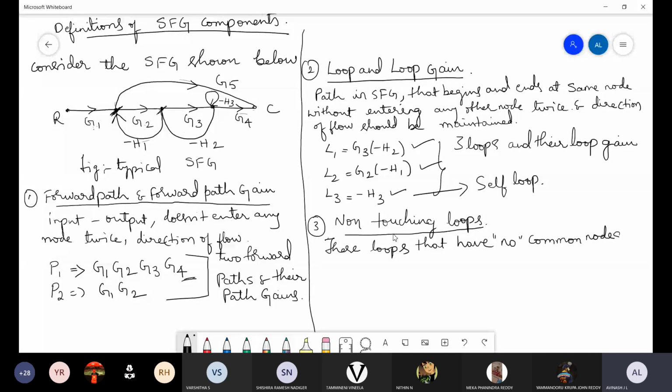That means they should not touch each other. They should be very separate, and no branch and no nodes should touch each other. Then they are called non-touching loops. So in the given signal flow graph, is any non-touching loop pair there?